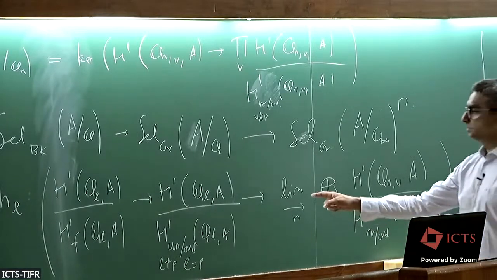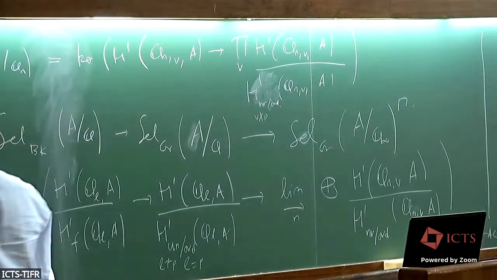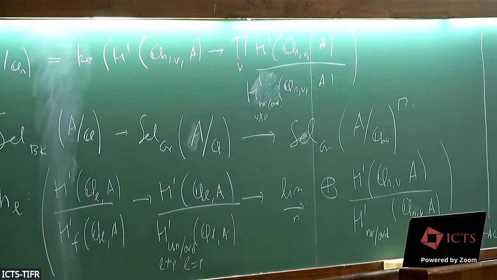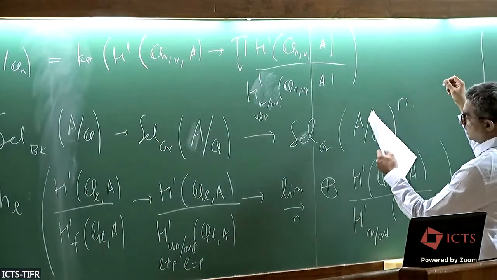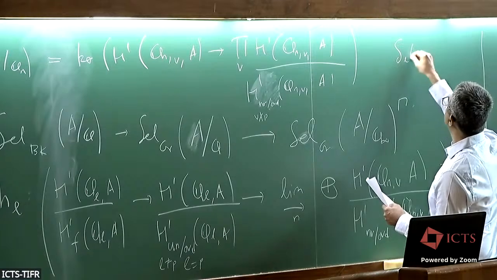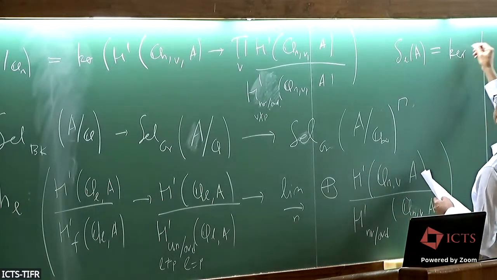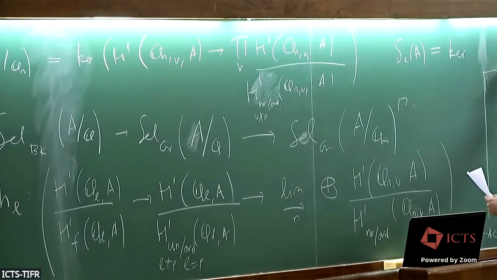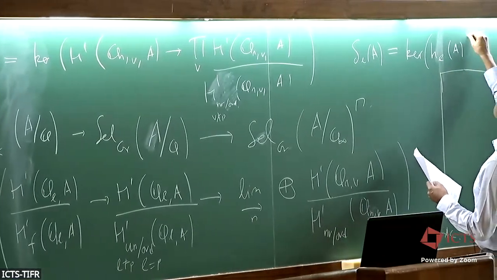This map is just induced by restriction, and this map is coming from the fact that H^1_f lies in here. So let h_l be this map, and maybe I'll go even a little further. We will define delta_l(A) to be the kernel of this map, the kernel of h_l(A), p-torsion of it.